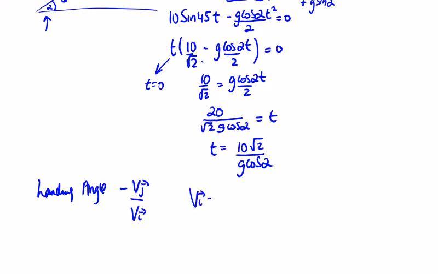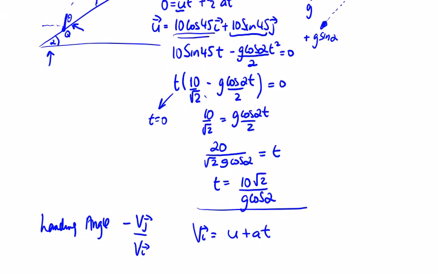Velocity of i at this point, we're using v is equal to u plus at. So the u for i was 10 cos 45, and the acceleration for i is g sine alpha, so plus g sine alpha times time, which is 10 root 2 over g cos alpha.